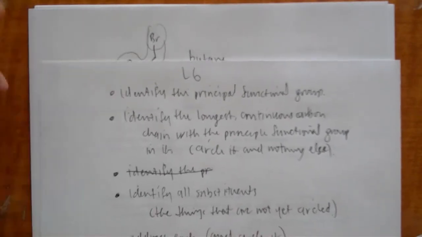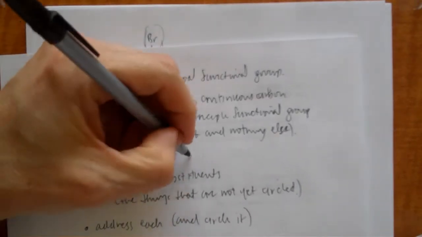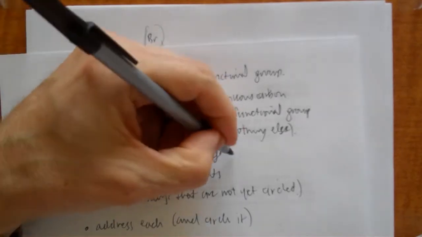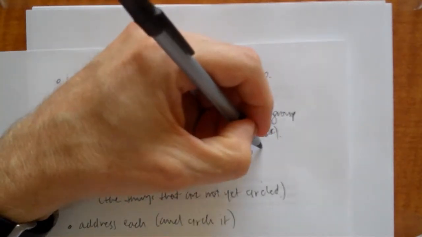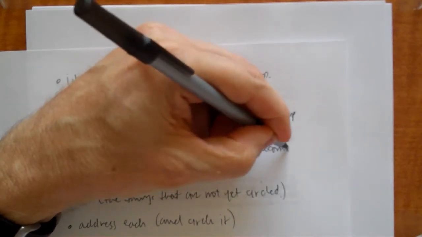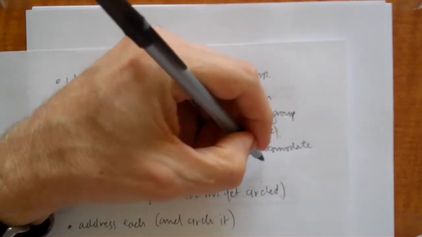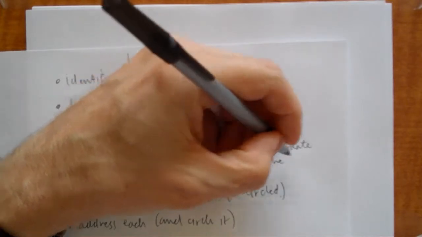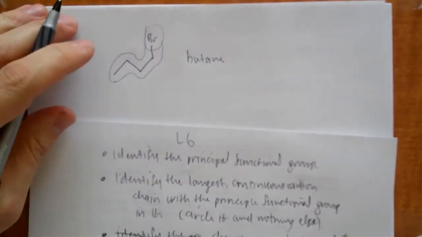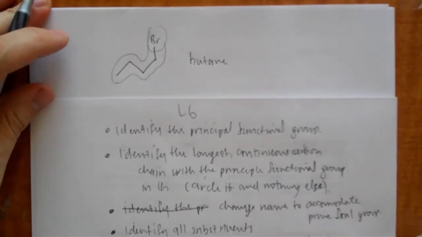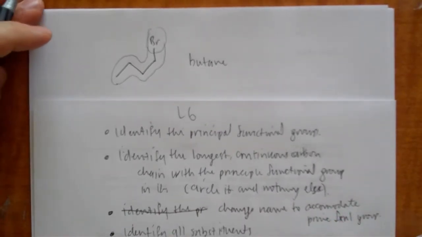Now, oops, I forgot to say: change name to accommodate principal functional group. Okay, well, there's 2 ways to name alkyl halides.